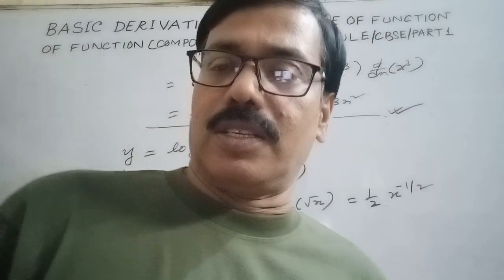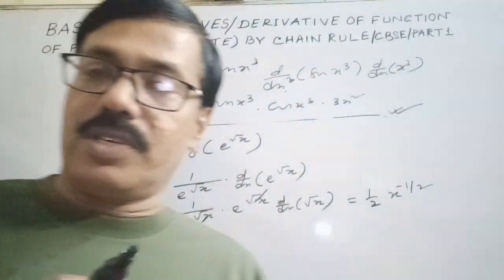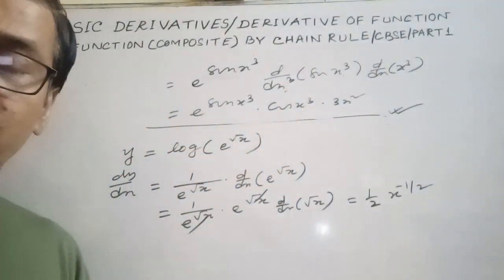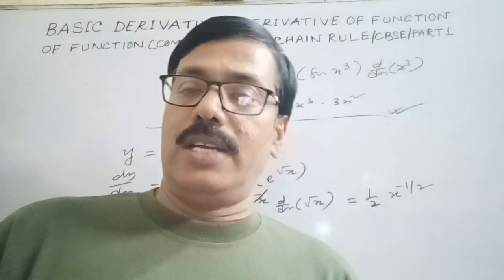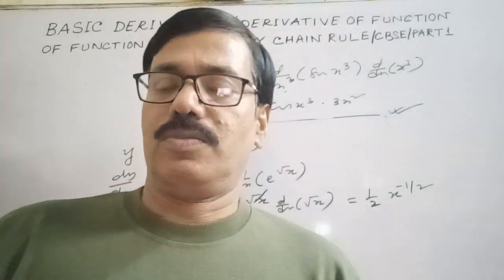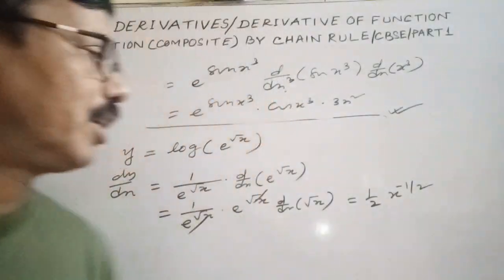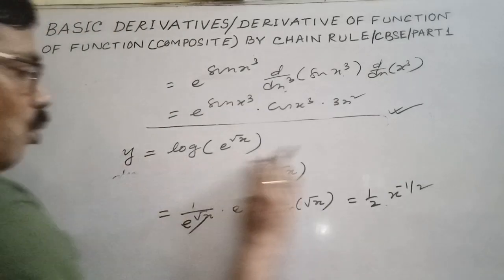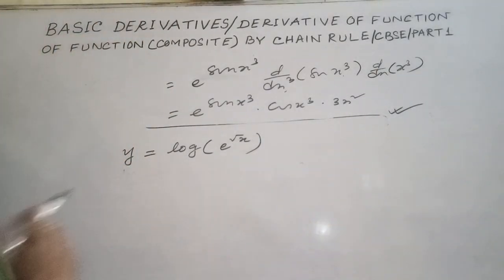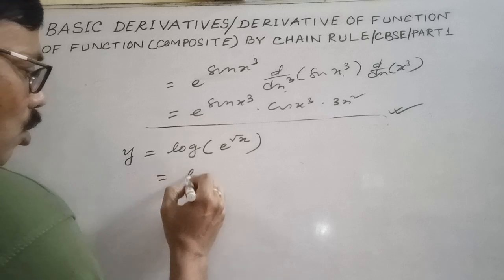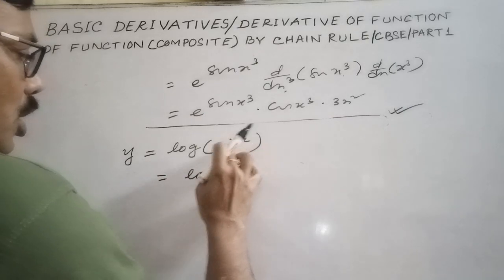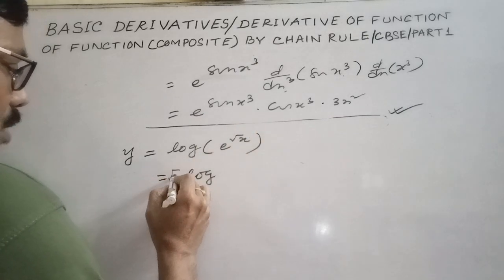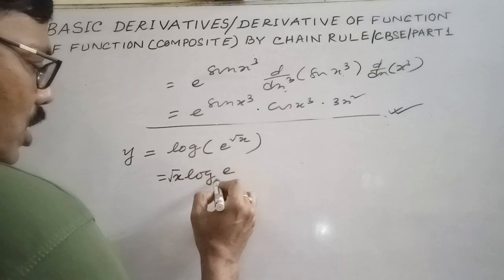So using function of function. But I have stated to you, in case of log, try to find the simplest form, then perform the derivative. So look, y is this one. So log of e to the power root x, by property of log, is root x log e.